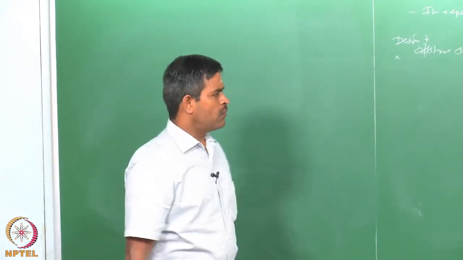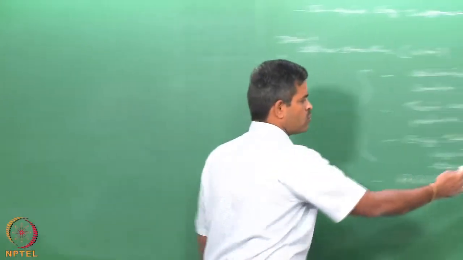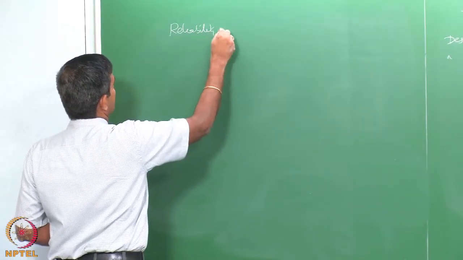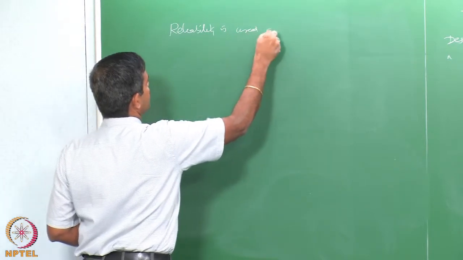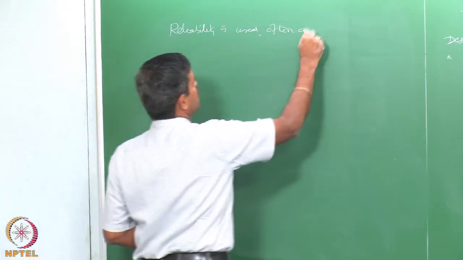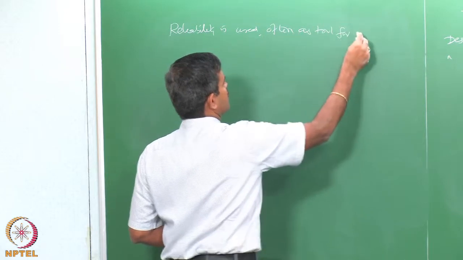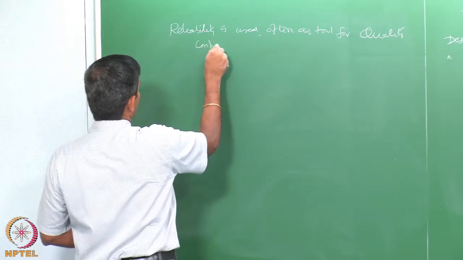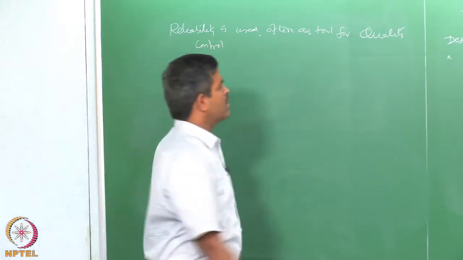Therefore, if you look at reliability as a check or assessment tool, in a broad sense, reliability is often used as a tool for quality control. Why am I saying quality control?